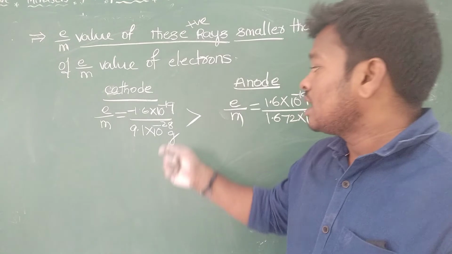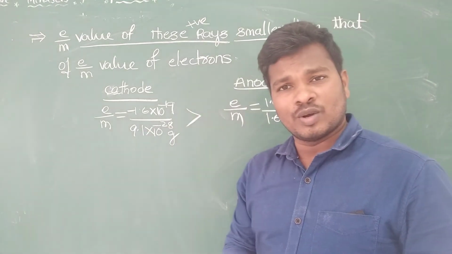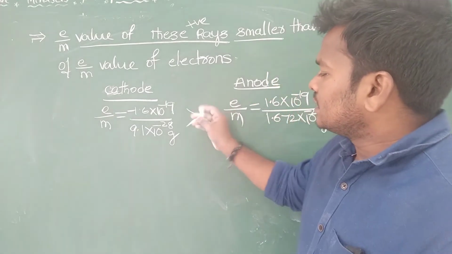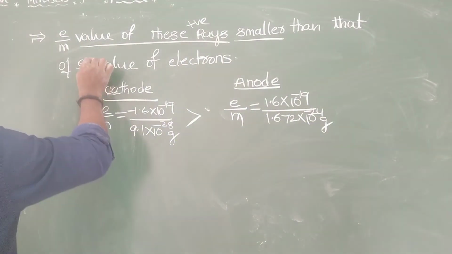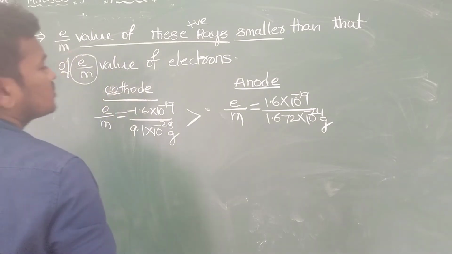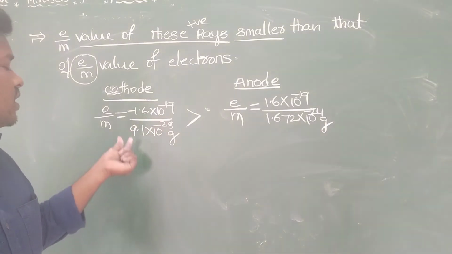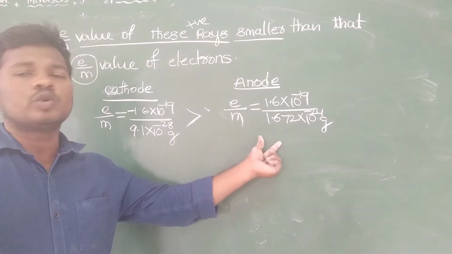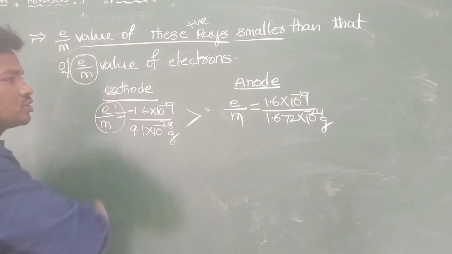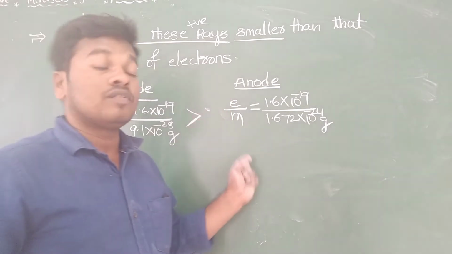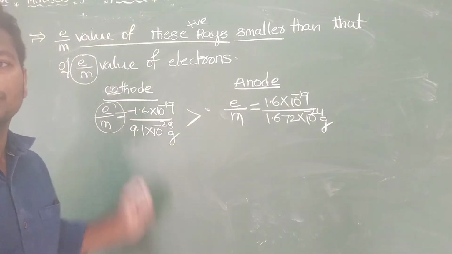But the electron has negligible mass compared to the anode particle, so obviously it has a high e/m value. The electron's e/m value is high because its mass is very negligible compared to the anode rays. Automatically, the e/m value of the electron is more and the e/m value of the proton or these rays is very less.